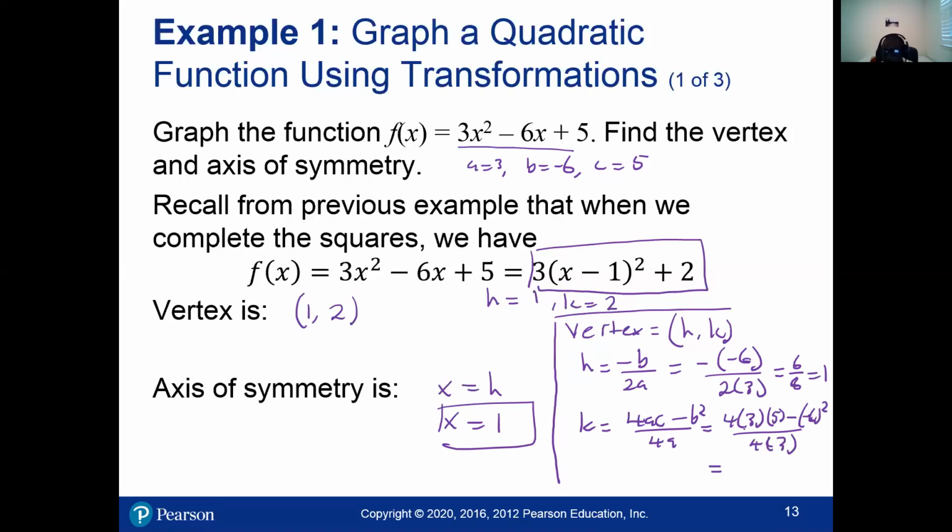Now 12 times 5 is 60, then minus 36, divided by 12. So this will give me 24 divided by 12, which is 2. So we got 2 as your answer.